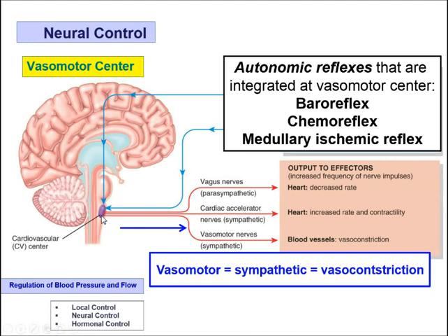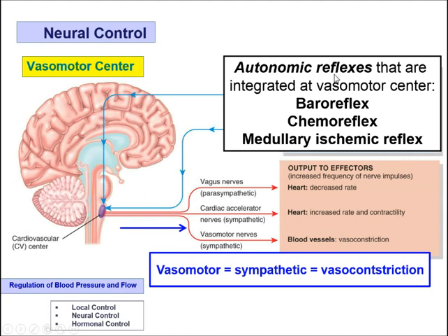Okay, so we know from previously discussing neural influence on blood pressure, heart rate and contractility that there are a number of different influences playing on the cardiovascular center.